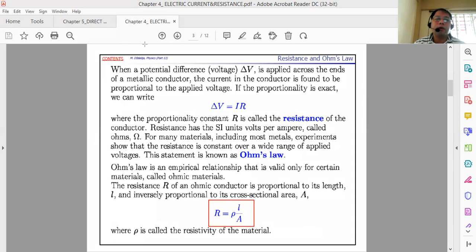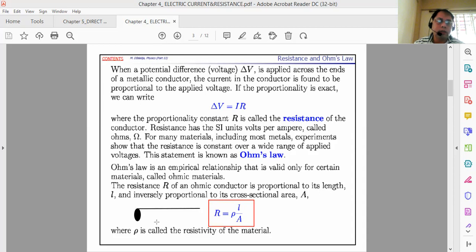So let's draw a representation of a wire. Maybe let's just use a black color here. So maybe this is our wire again, and it has length, of course.